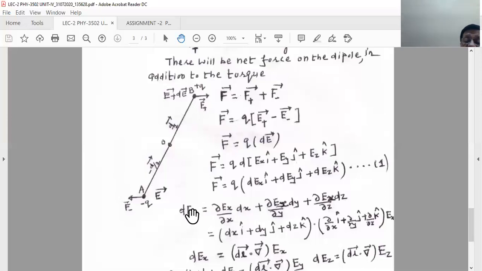This you have studied when you study the total partial derivative. So now I can rearrange this equation. You see, this equation can be rearranged.